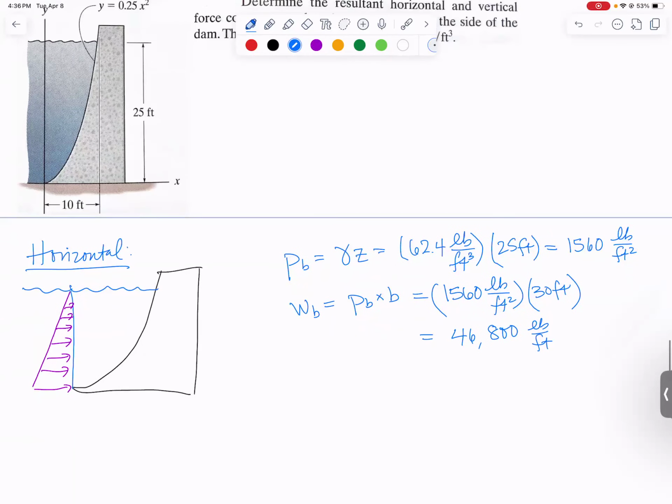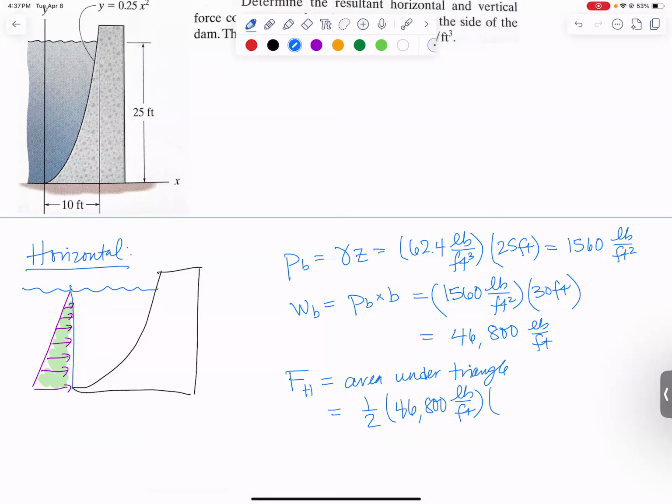So to get my total net horizontal force, it's going to be the area under the triangle. Area of a triangle is 1/2 the base times the height. The base would be the 46,800 pounds per foot, and the height would be the 25-foot depth of the water. The feet cancel, and we get 585,000 pounds.